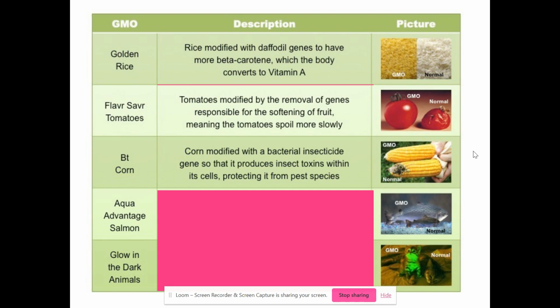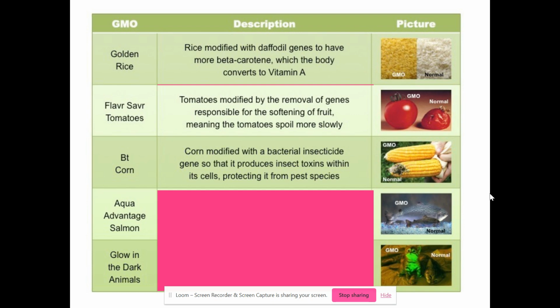Several years ago, Taco Bell was using a genetically modified corn product in its tortillas, and people were having allergic reactions to it. Not to the corn, but to the bacterial genes and what they produced as this natural insecticide. But that one's been trashed.